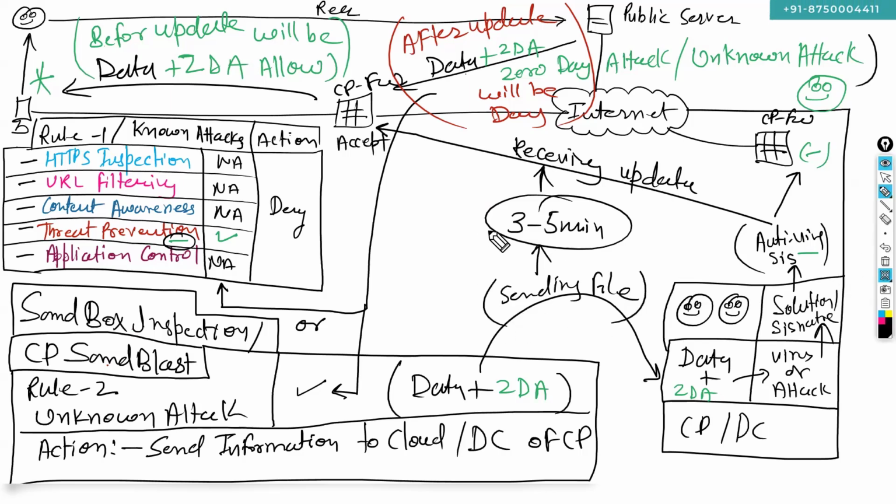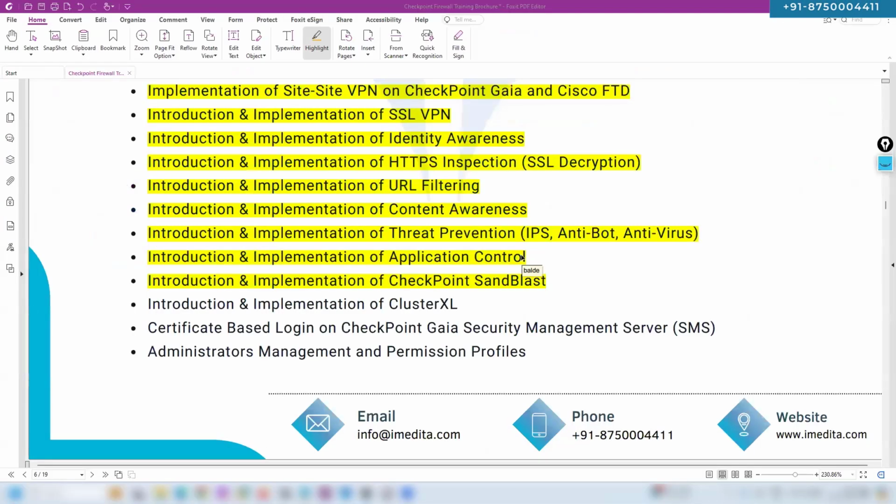So this is their selling strategy. If you are sending a file to our cloud or data center, within 3 to 5 minutes we will update you as well as other firewalls. So this was something about what Checkpoint Sandblast or sandbox inspection is.